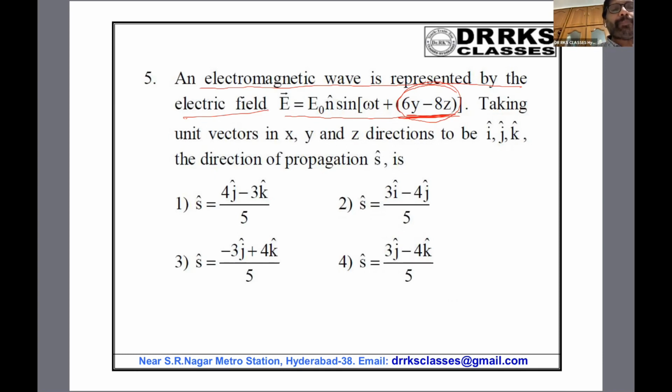As I said, omega t plus kx represents a wave traveling in the minus x direction. So this equation will give us an idea which direction is propagating. He's asking to find the unit vector in the direction of propagation. Easy one. Let us solve this one.